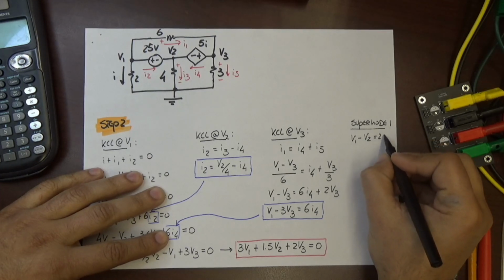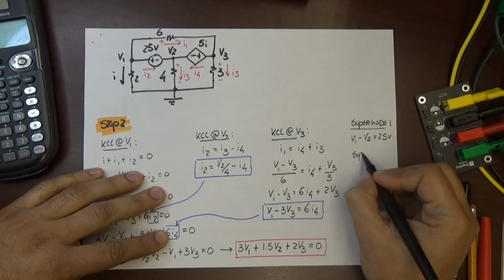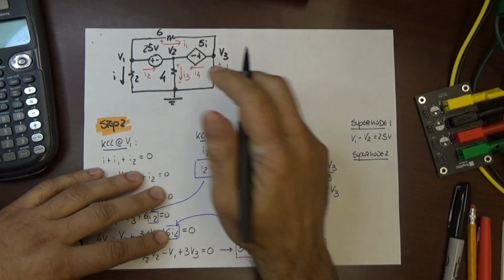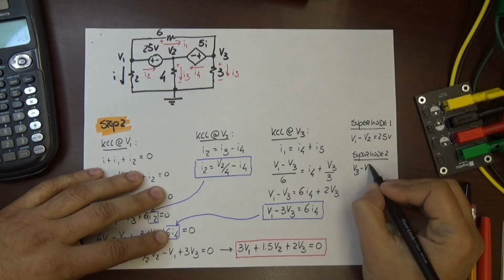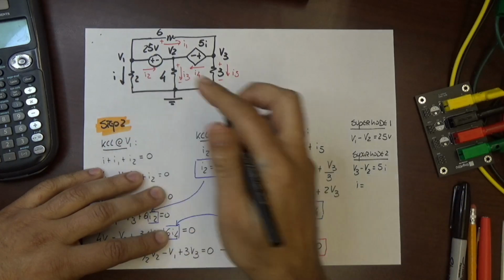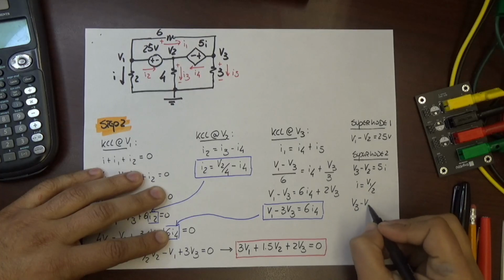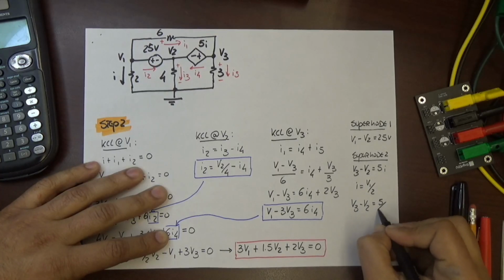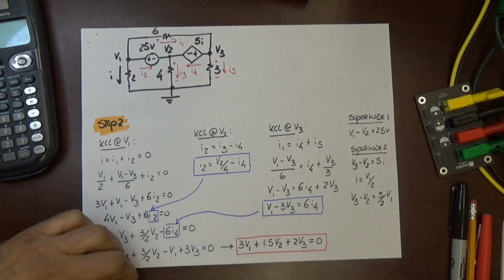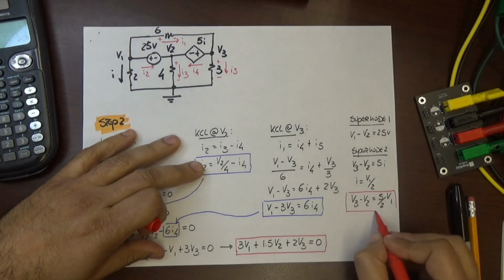And then for supernode 2, which is my dependent voltage source, we have V3 minus V2 equals 5I. And actually I, if you notice, is equal to V1 over 2. I can substitute that in my equation and I get something like this. All right, so here you go. I got my other two equations, and now I have three equations with three unknowns that I can solve.